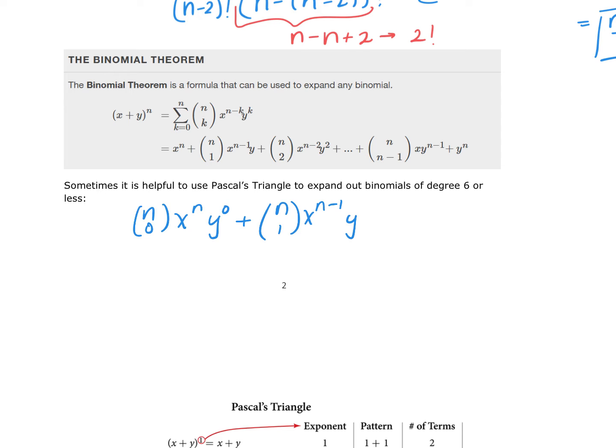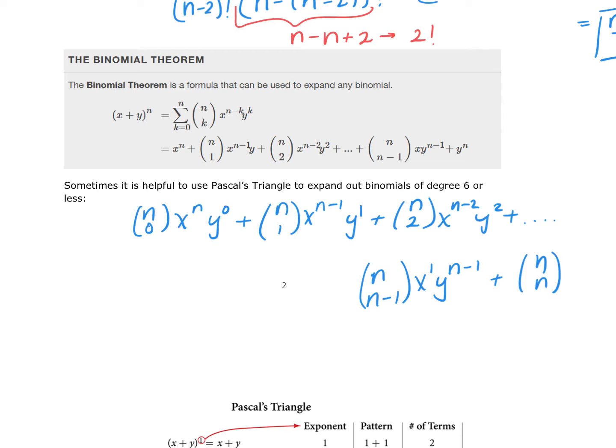And when we're looking at this structurally, n choose 2, x to the n minus 2, y to the 2, and then dot, dot, dot. My second to last term is n choose n minus 1, x to the 1, and I want to write that as y to the n minus 1, and then my last one is n choose n.